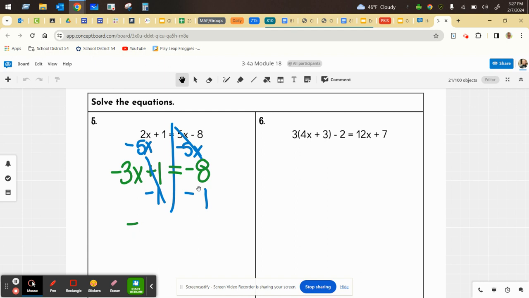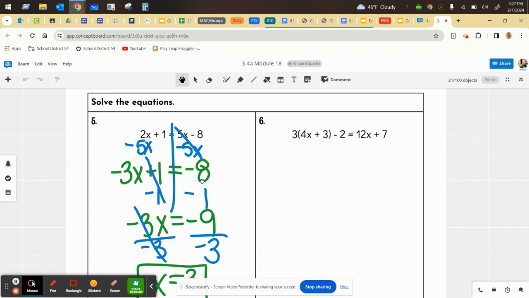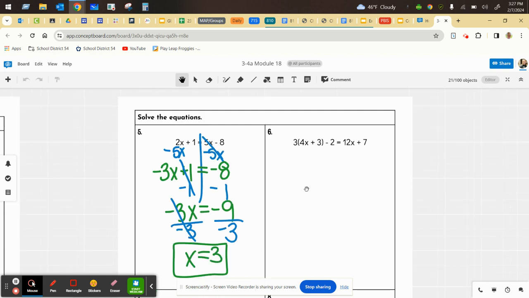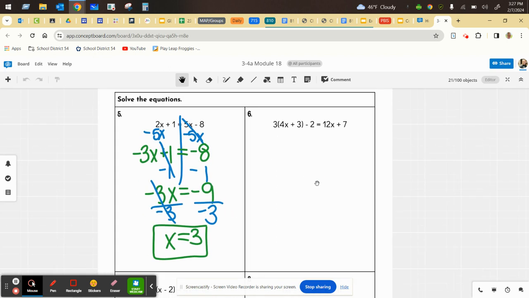So I have negative 3x equals negative 9. Last step, we are going to divide. So x equals positive 3. So this one has one solution, and the solution is that x equals positive 3.